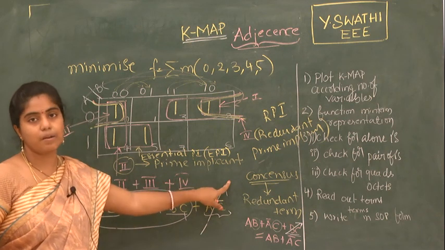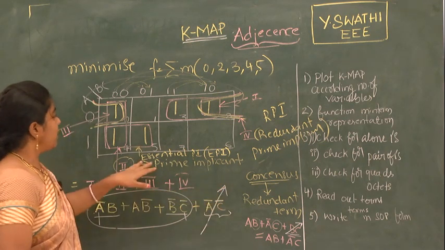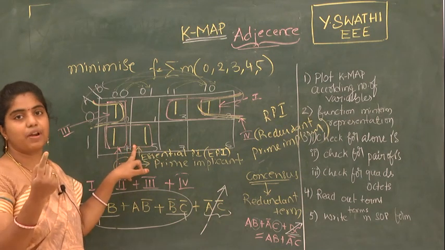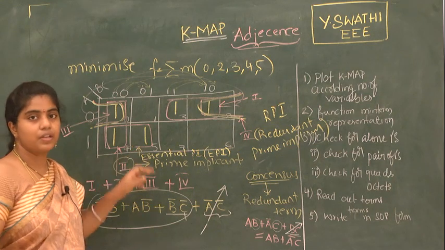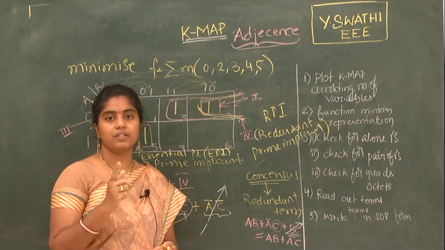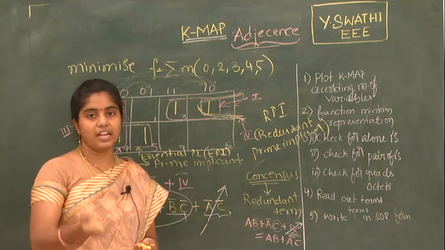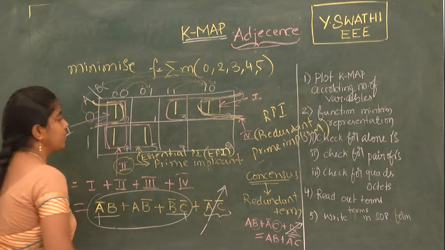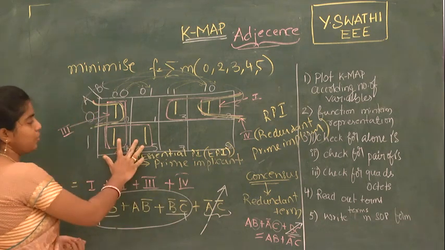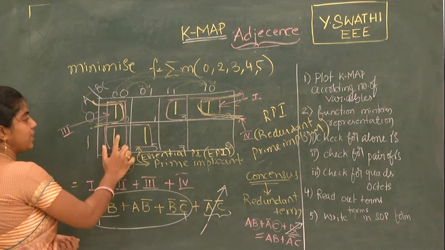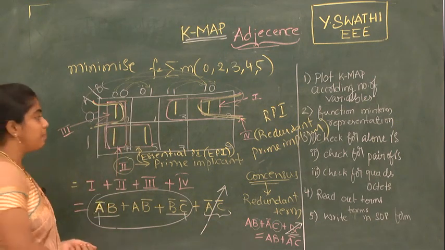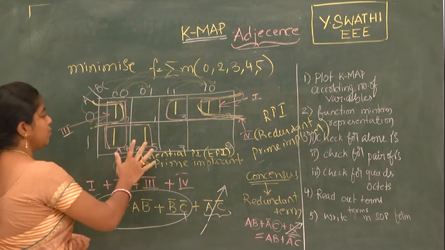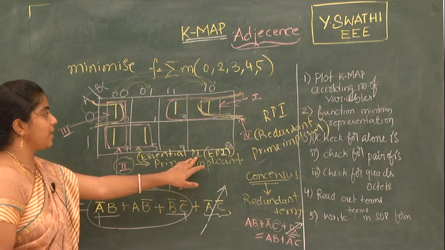If a group contains a one which is not present in any other group, then it is called an essential prime implicant. If you can see, we are having two ones here. This one is paired up with this group, but this one didn't pair up with any other group. So this is called an essential prime implicant.